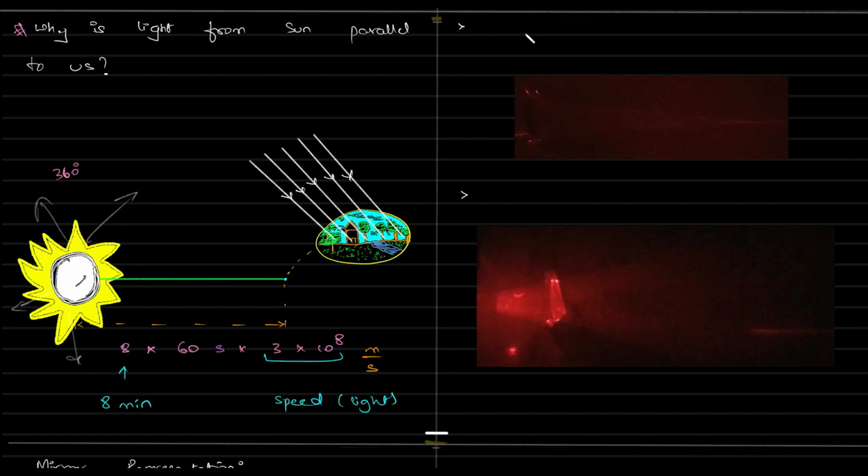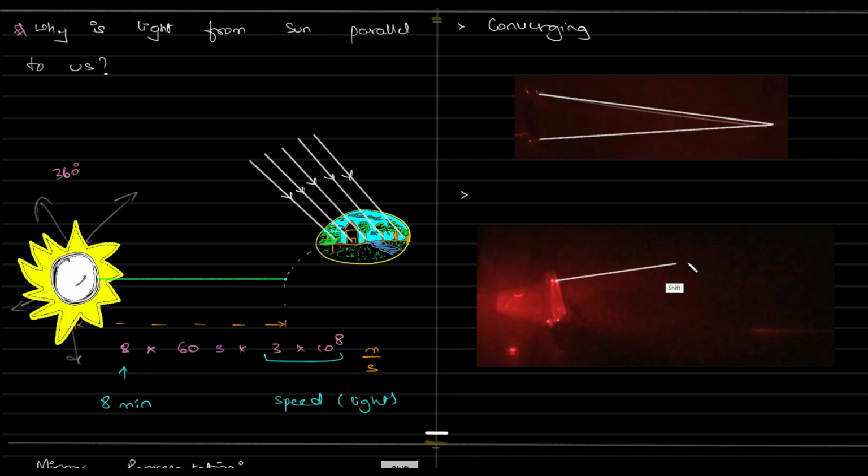And I showed you two experiments. In one of them we had converging. I showed you something called converging. Here you can see it's not very visible, but we need to observe this. I hope you are able to see this part. So this particular lens converges the light.